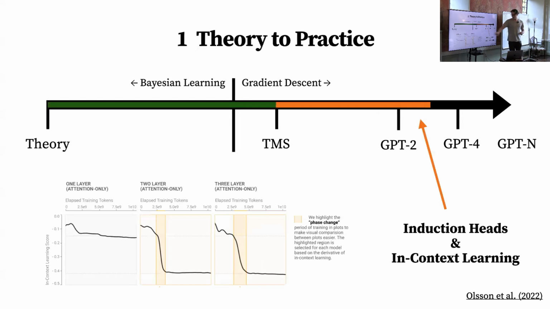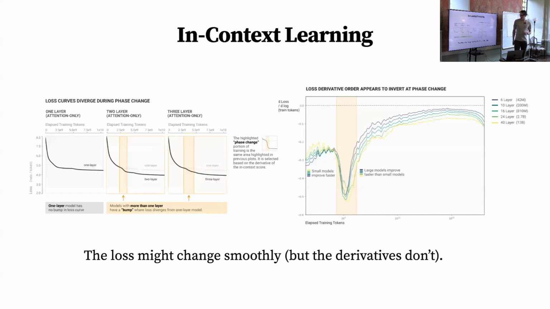What the Anthropic team found was that there's this intimate relationship between the formation of the structure, these induction heads, which are doing something like token by token modus ponens. You see A, then B, then you see A again, so you should predict B. So there's this relationship between the formation of the structure and a transition, or a sudden improvement in the ability of these transformers to do in-context learning.